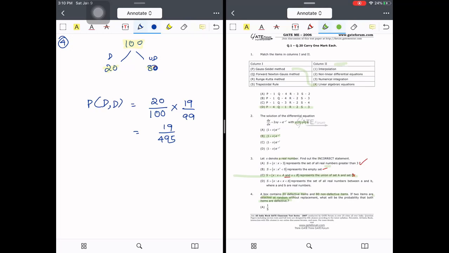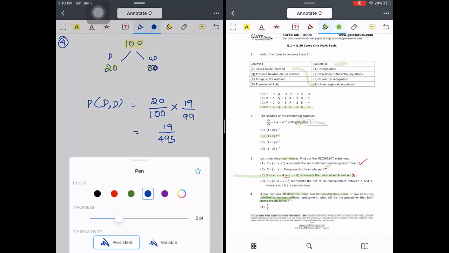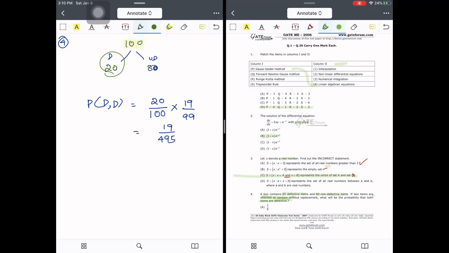So 20 items are defective. If 2 items are selected at random without replacement, what is the probability that both items are defective? Both have to be defective, right?